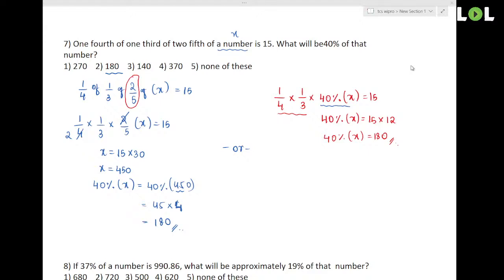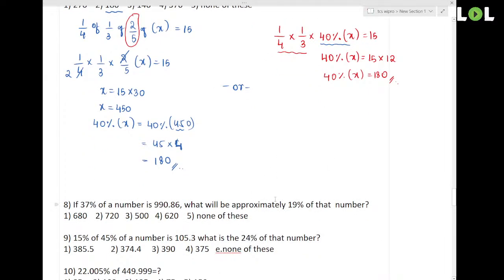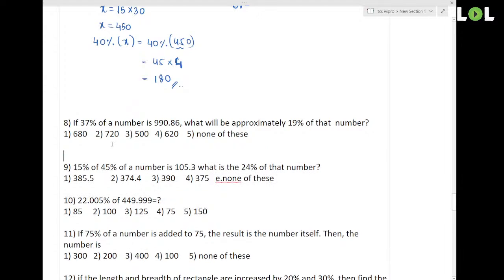I will not just teach you the basics and leave it there. I assure you, people, if you listen to every single class of mine, you will excel in aptitude for sure, provided you practice. I want you to be regular and practice whatever I am doing. So let us go to question number 8.